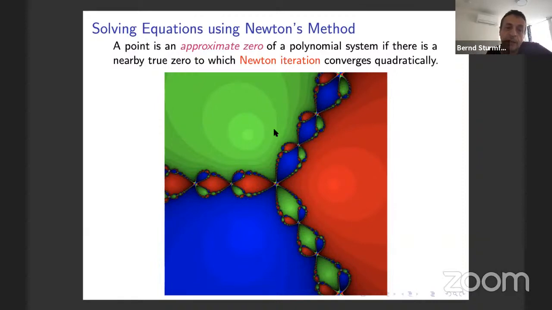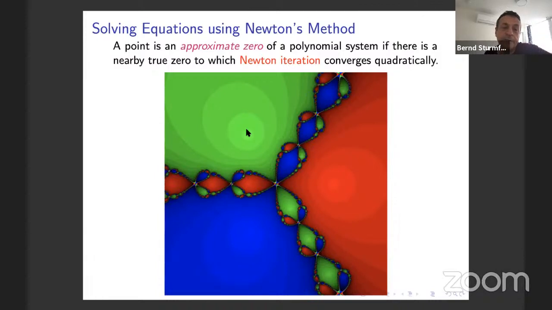So you see that near the root, there's very, very nice behavior. But at the boundary, it's fractal-like and chaotic. So the global dynamics of Newton's method, even for a low degree polynomial in one variable, is very difficult and messy. But if you're nearby a true solution, then things are nice.